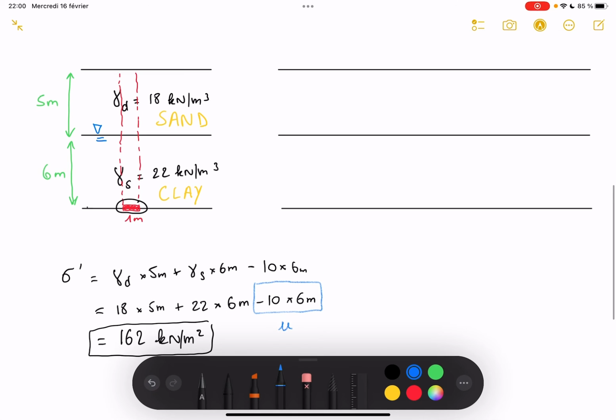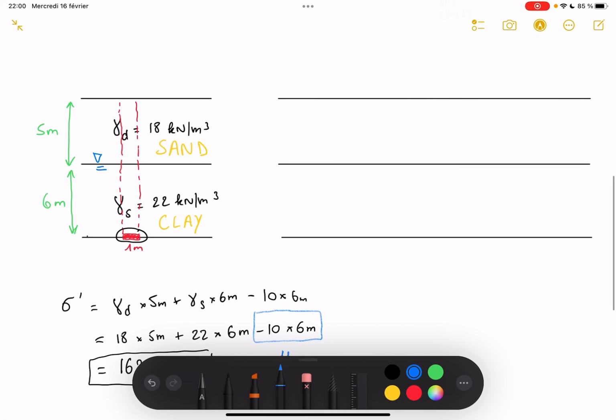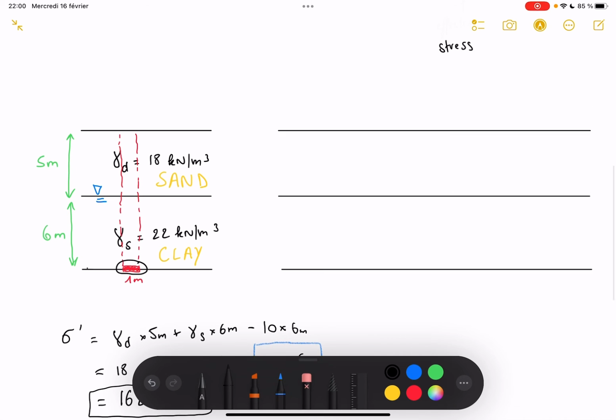So now we will be working out the stress distribution profiles. To start with, let's do it in yellow, the total stress, going like this. As depth increases, total stress increases linearly. 18 times 5, so 90. We reach 90 here.